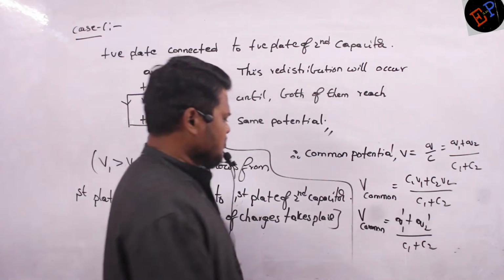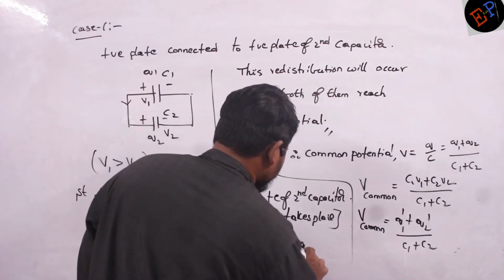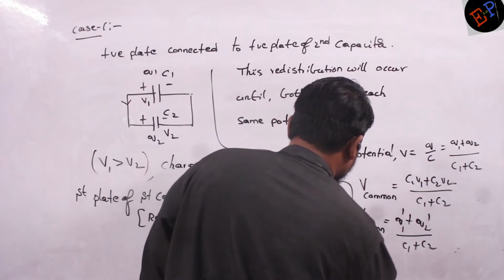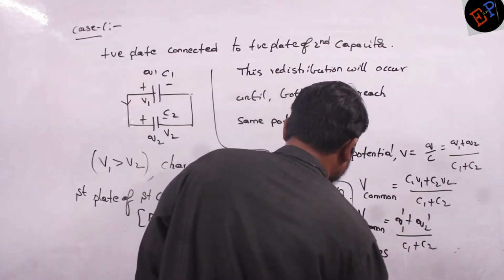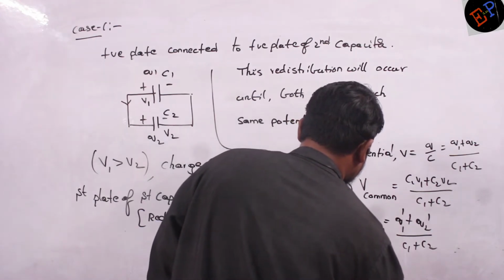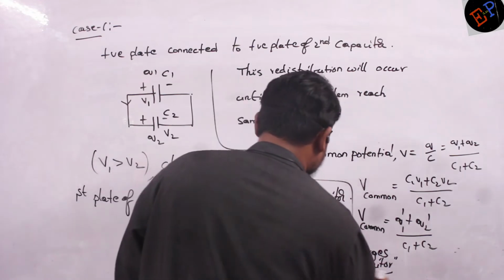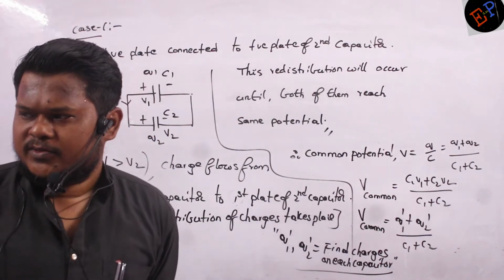So Q1 dash and Q2 dash are the final charges on each capacitor. That's it. Have you understood?